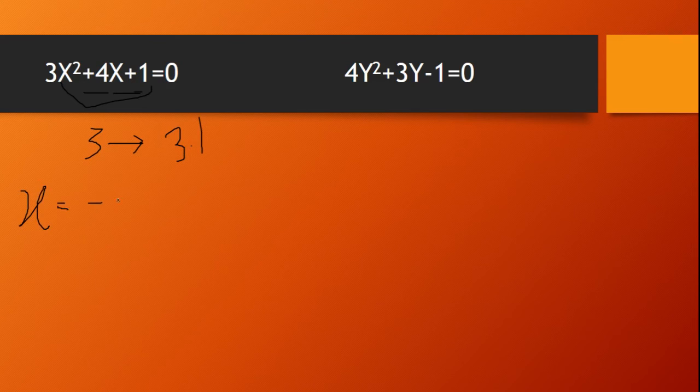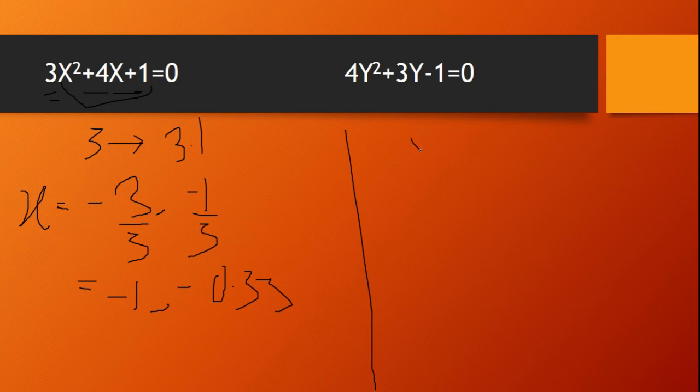So minus 3 and minus 1, and these will be divided by 3. So it will be minus 1 and minus 0.33. This is for x.